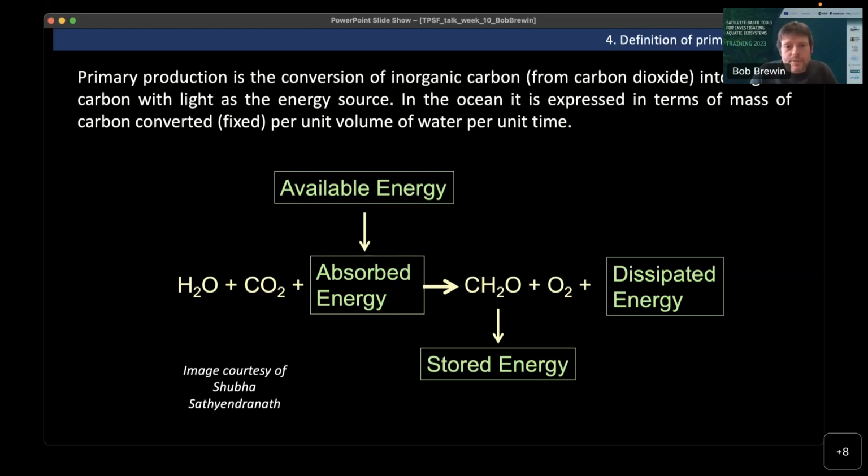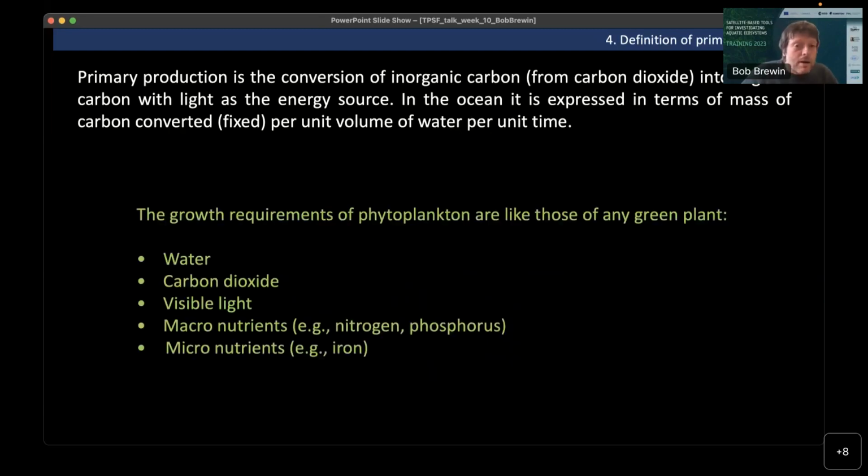And these elements and compounds are converted into carbohydrates, stored energy, plus oxygen. So oxygen is produced, and dissipated energy. So that's the basic equation of photosynthesis.